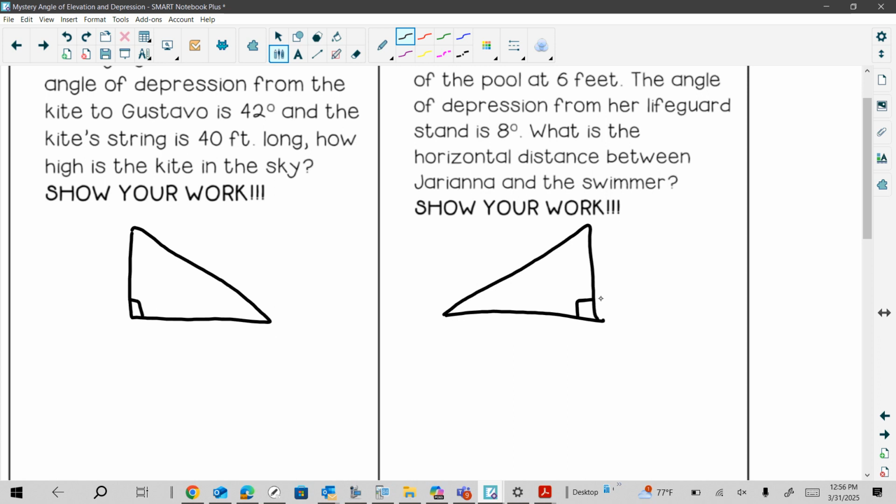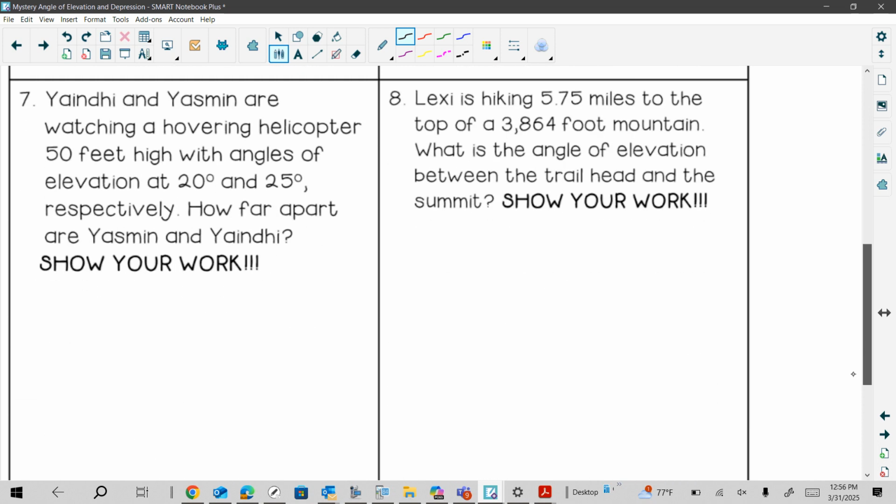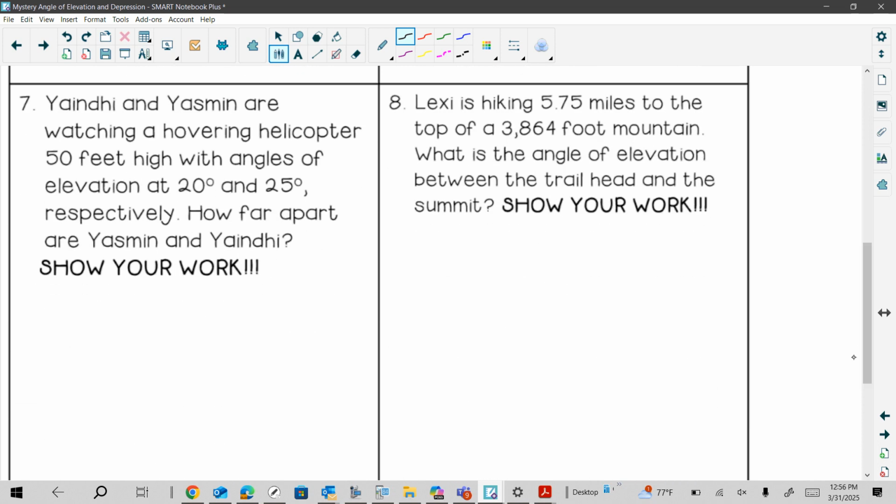If they give you 2 angles, like in number 7, basically they have a helicopter hovering 50 feet high with angles of elevation 20 and 25. For this problem you're going to have 2 right triangles. 50 feet high is the vertical distance. One has the angle 20 with the horizontal line, and X is your unknown horizontal.